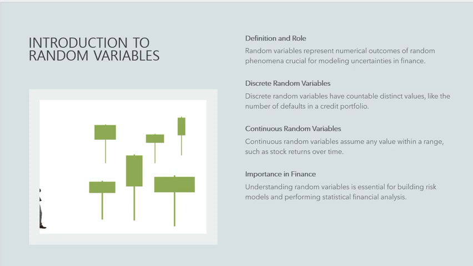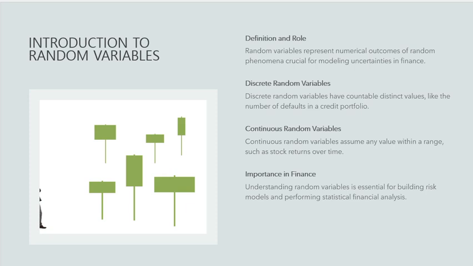Random variables can be broadly categorized into two types: the first is a discrete random variable and the other is a continuous random variable. A discrete random variable takes a countable number of distinct values, like the number of males, the number of females, or the number of defaults in a credit portfolio. A continuous random variable, on the other hand, can assume any value within a range, such as the return on a stock over a period.